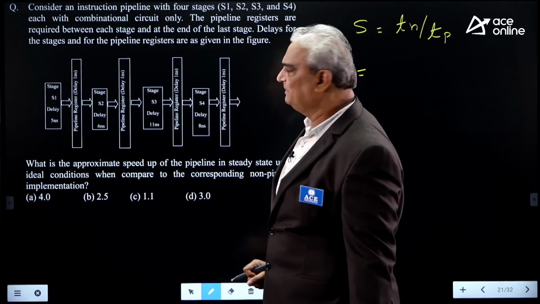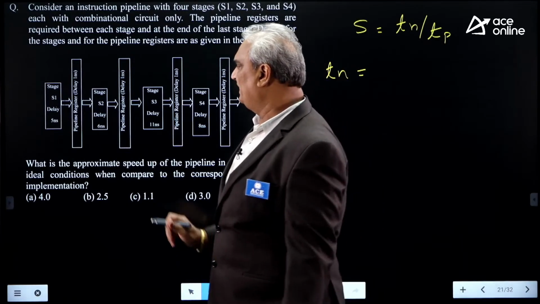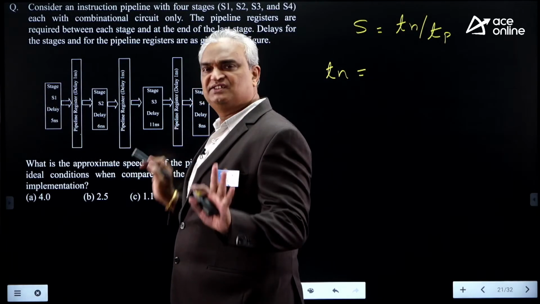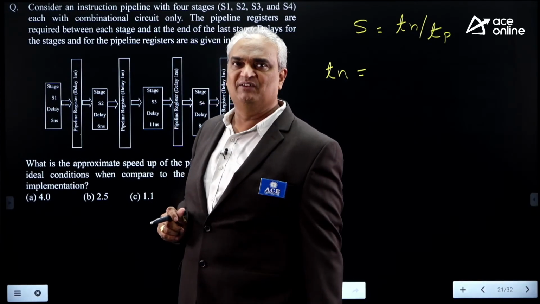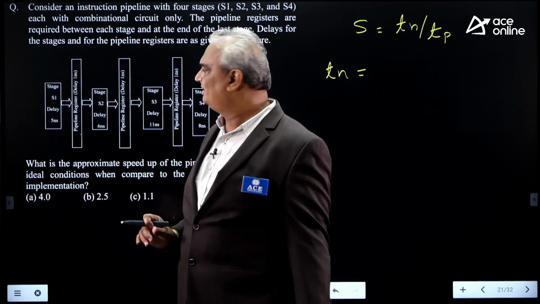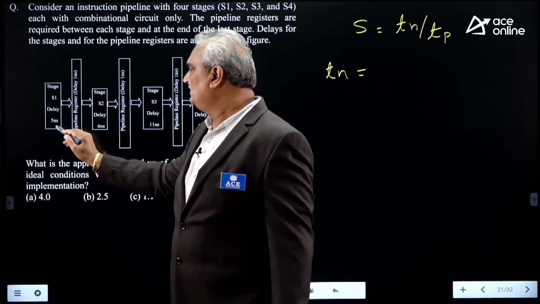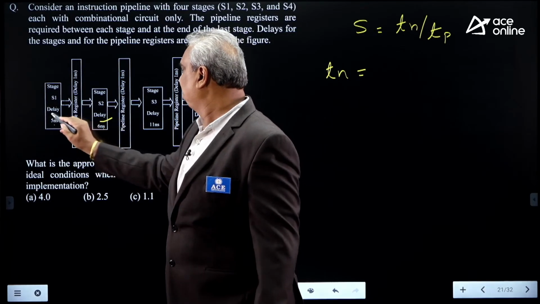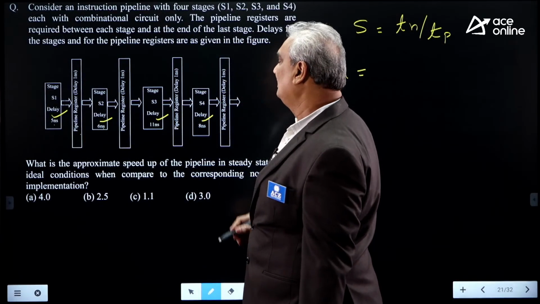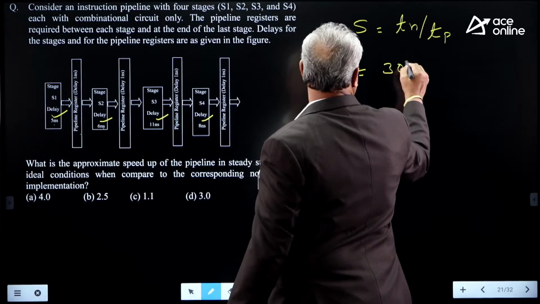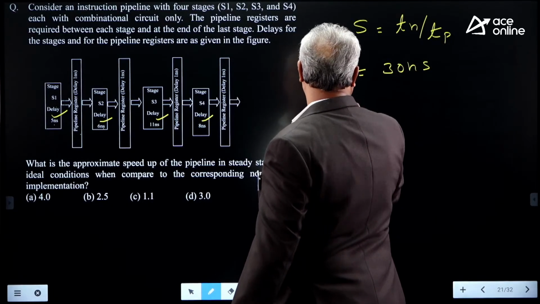What is non-pipeline time here? While computing non-pipeline time, don't consider the pipeline register delay, because in non-pipeline, only one segment will be busy and the remaining are all idle. That's why the sum of all delays, 5 plus 6 plus 11 plus 8, means total 30 nanoseconds.